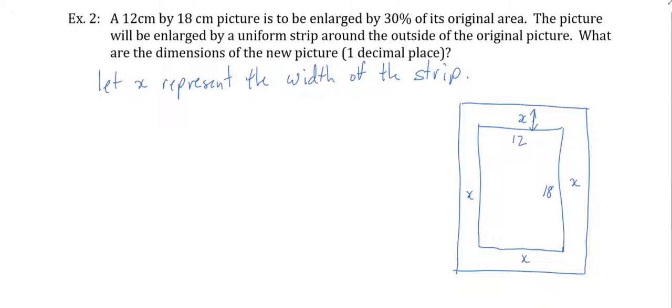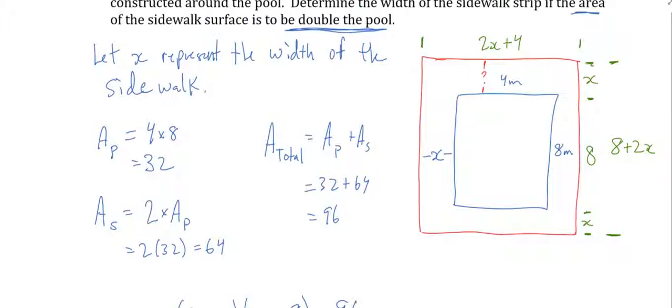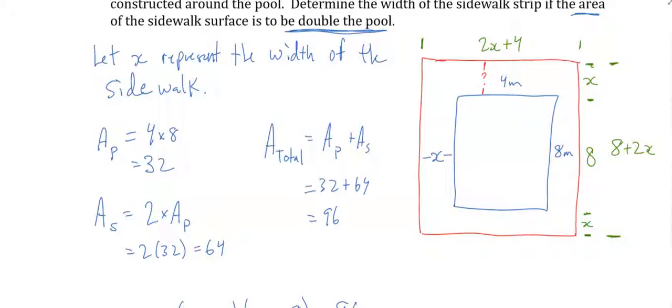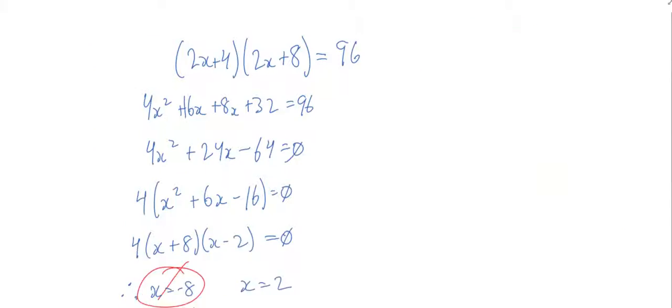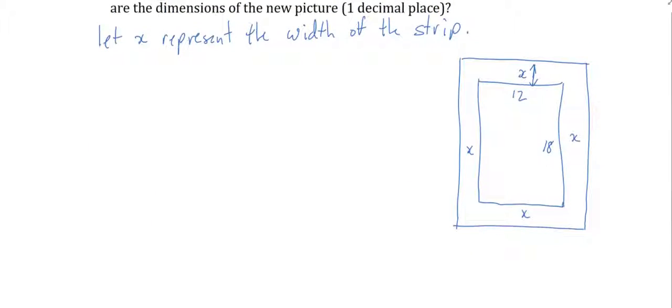Yeah. Just remember, we did 8 plus x here and x here, so it was 2x plus 8 or 8 plus 2x. Good, and? Very good. 2x plus 18 there, and 2x plus 12 there.